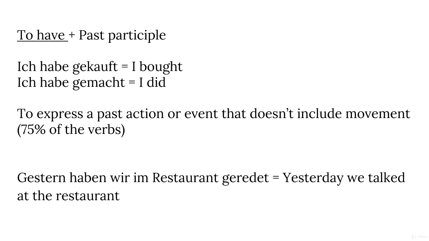So you say habe. Because you say ich habe. And then you add ge, and then the form of the verb machen, which means to do. Ich habe gemacht. This is how you express a past action or event that doesn't include movement.